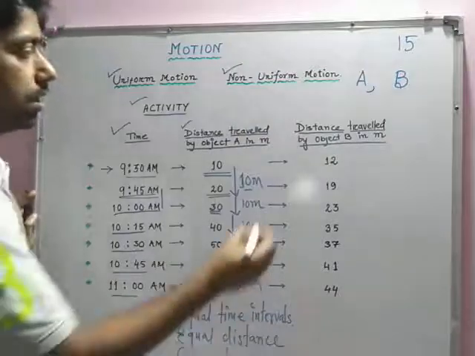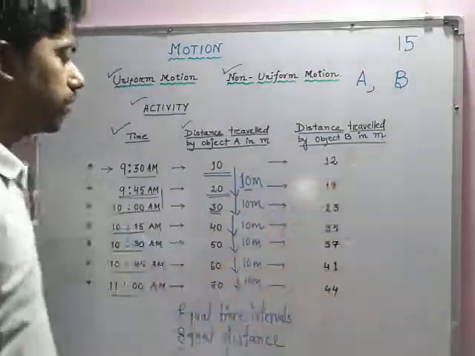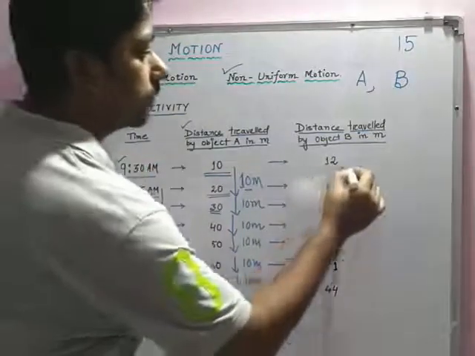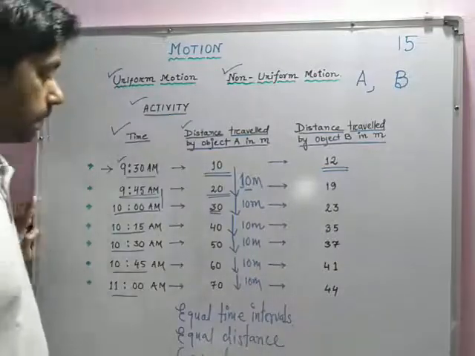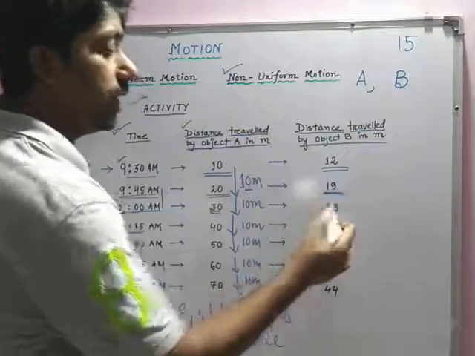Now let us go to the second object. The second object at 9:30 AM has a distance marked as 12 meters. At 9:45, a 15 minute interval, it is 19 meters.